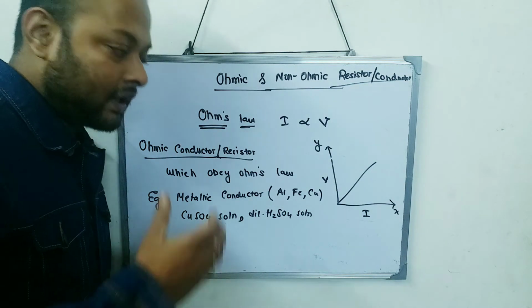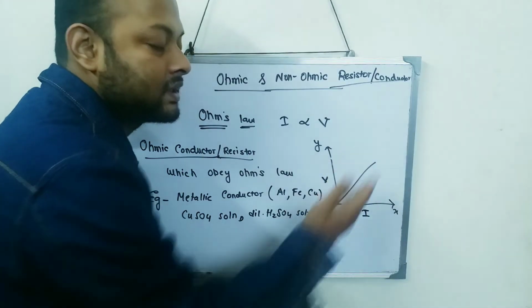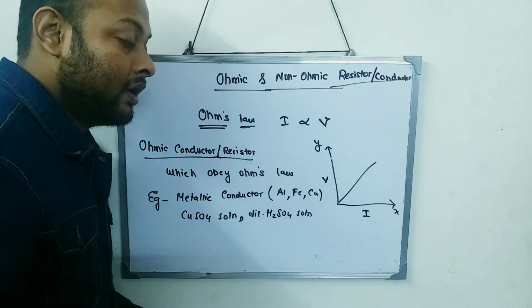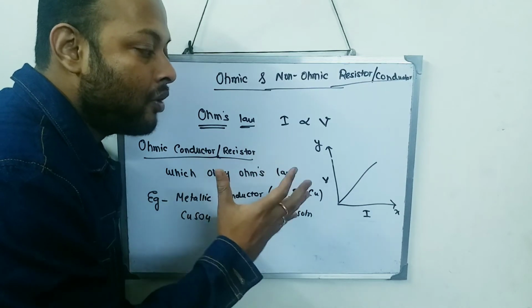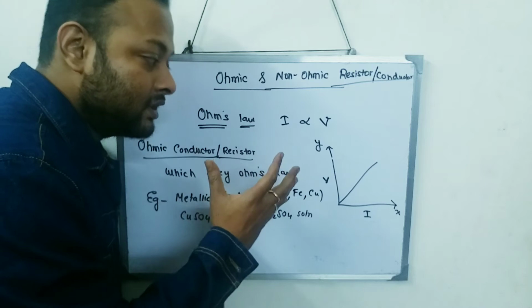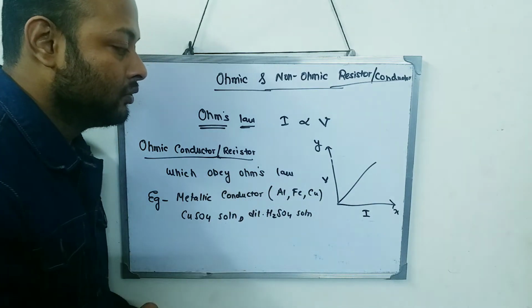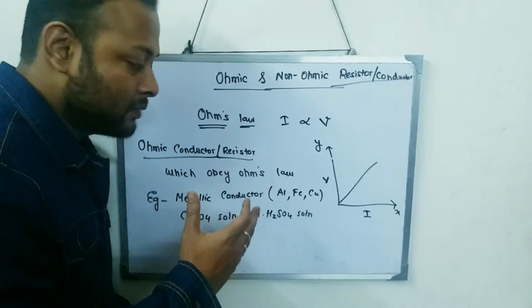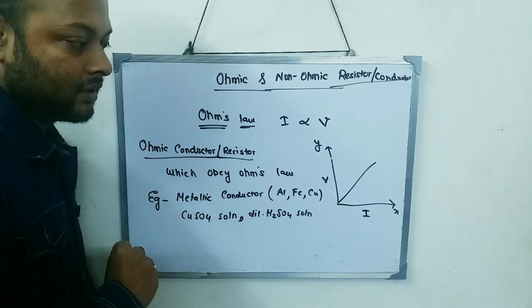So the graph of an ohmic conductor is a straight line. Now this graph has a very big importance. I have to explain the importance of this VI graph to you, but I think you have understood the ohmic conductor definition.